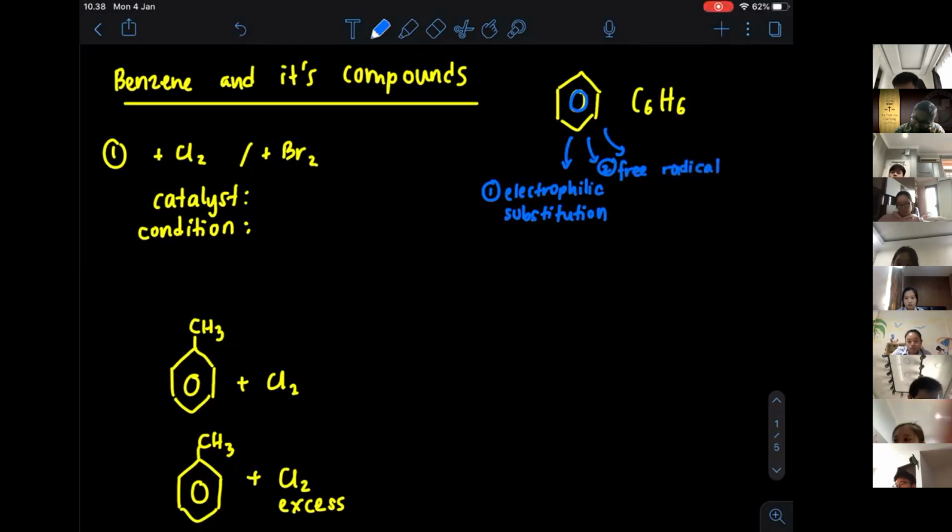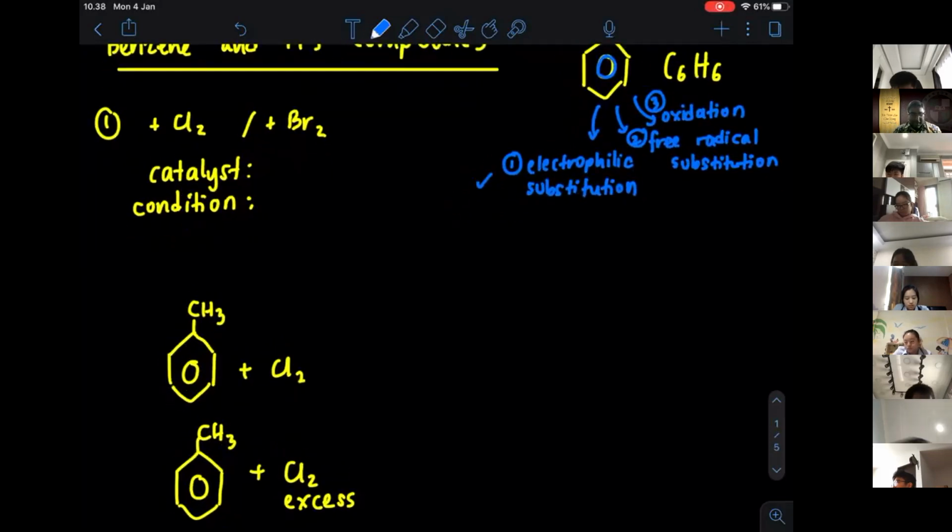So whenever you have benzene, you get electrophilic substitution, but if you have methyl benzene and so on, you also get free radical substitution, as well as oxidation reaction. I think number 2 and number 3, the free radical substitution and oxidation reaction, are the ones that students tend to forget.